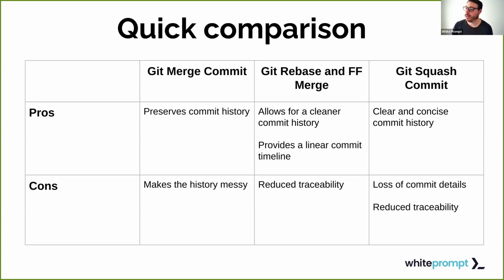On the cons, it reduces the traceability because everything is all together and it's not easy to find when a feature starts and when a feature ends. And lastly, the squash commit will give us a clear and concise commit history because in the main branch, we will have one commit per feature, but at the same time, we are losing the commit details in the main branch and that reduces the traceability.